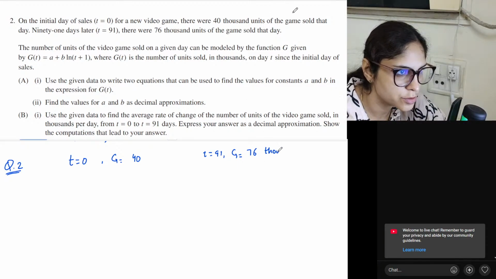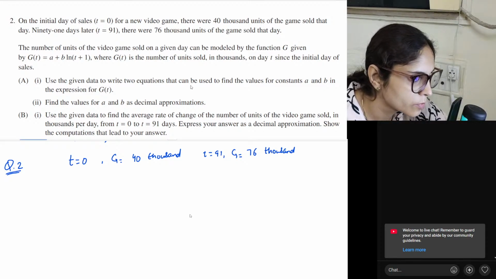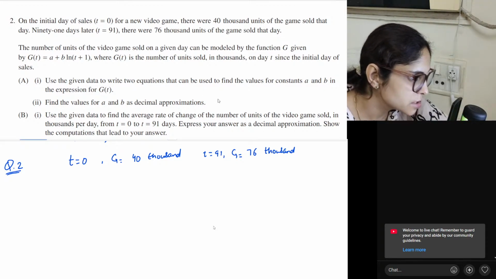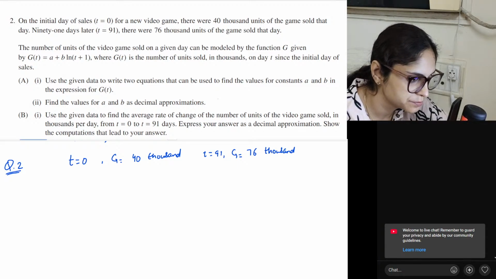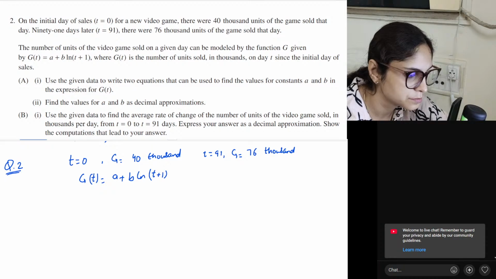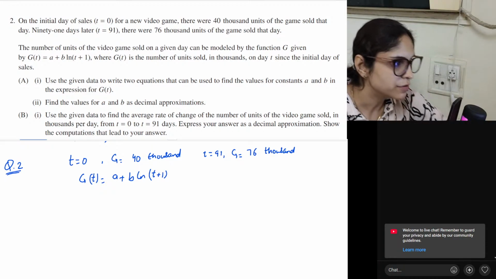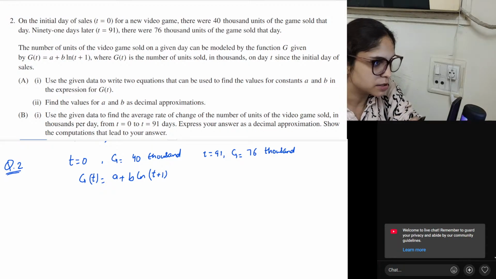And g is given by g of t is equal to a plus b ln t plus 1, where g of t is the number of units sold in 1000 on day t since the initial day of the sales.